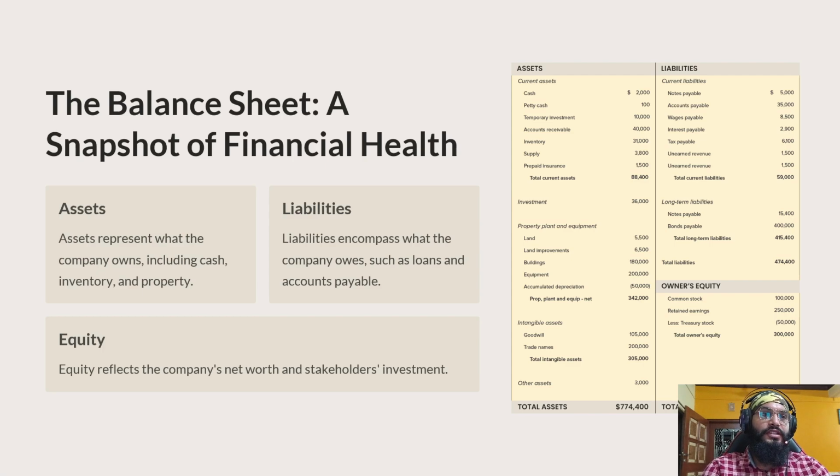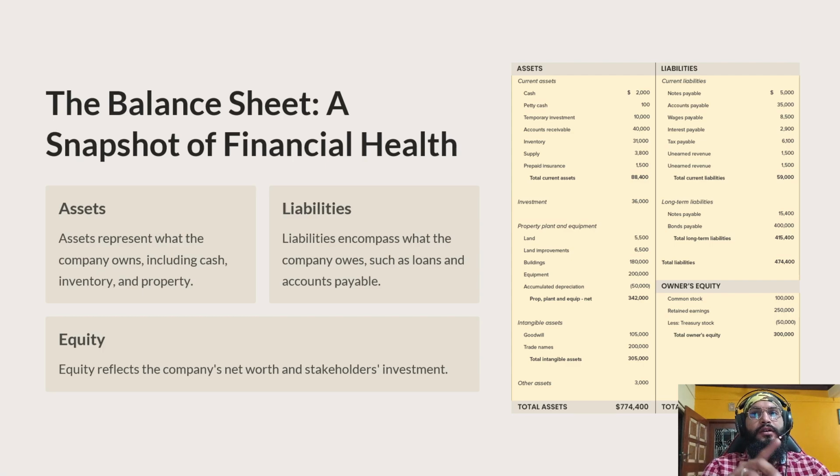So the balance sheet gives us an overview of all the assets that the company owns, liabilities that the company owes, and equity the company retains. Assets represent the company's cash, inventory and property.